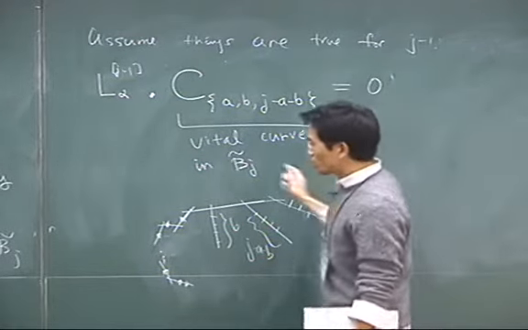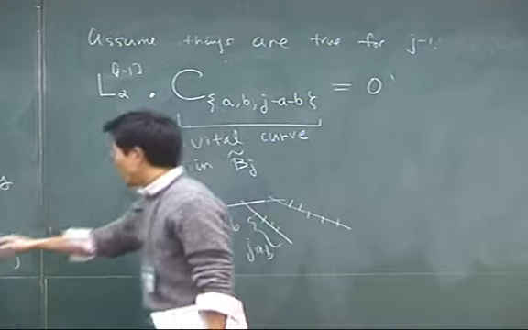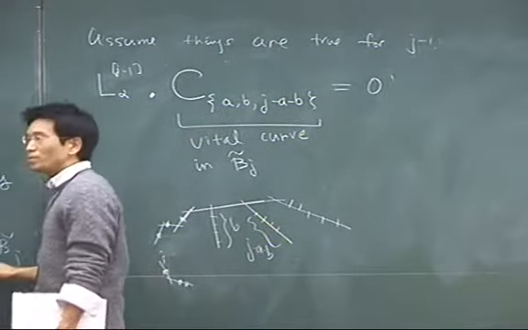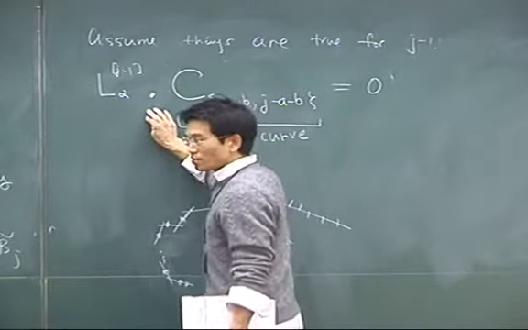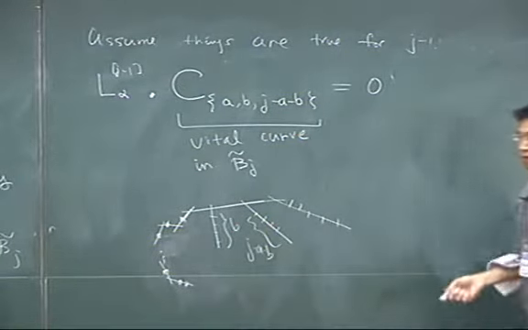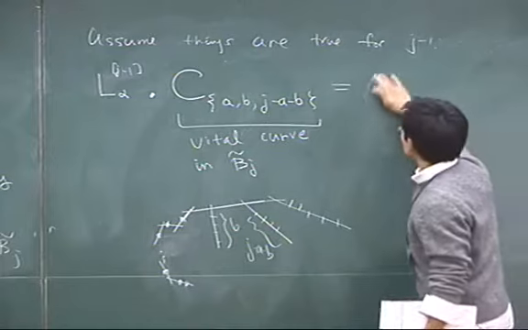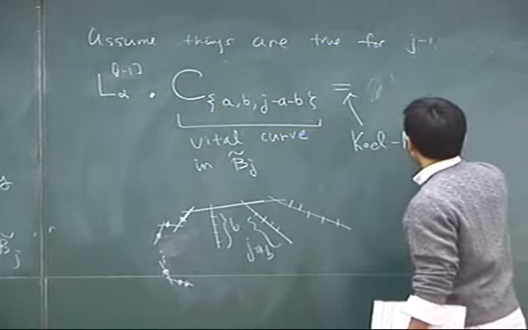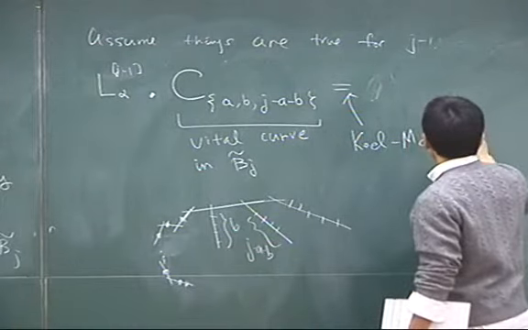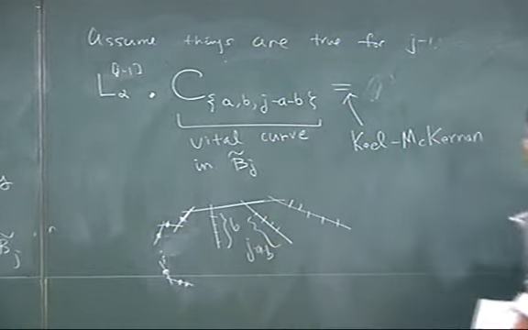So Hassett-Keel principle says that FGJ is going to contract BJ tilde. And I'm just going to set this intersection to 0 and then compute alpha. And this intersection is given by the powerful formula obtained by Keel and McKernan.